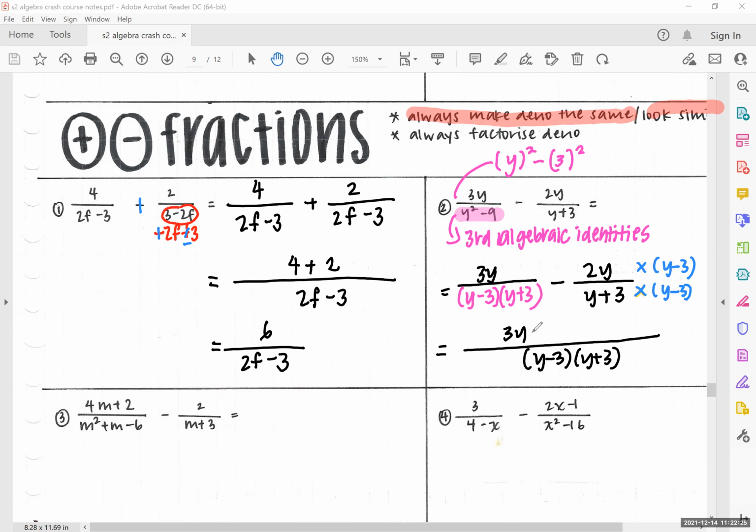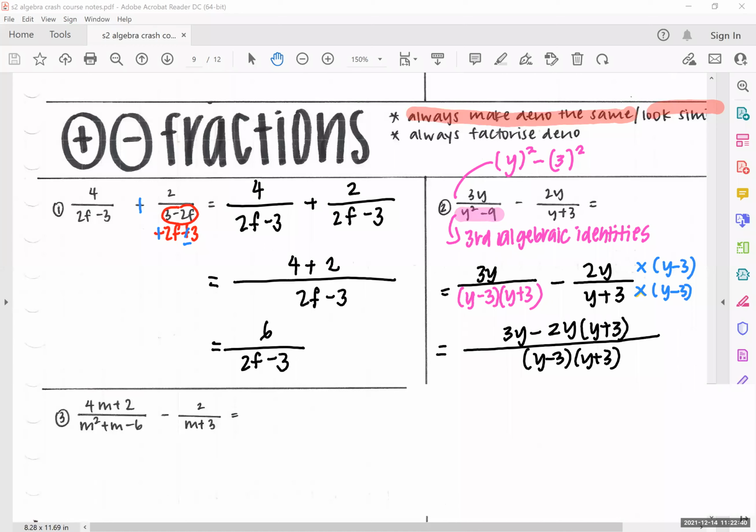At the end of the day, I'll get 3y minus 2y. Don't do mental sums. Put a bracket, y plus 3. Understand? Do not skip steps. I don't have enough space, so please write smaller, guys, or else you'll not have enough space.